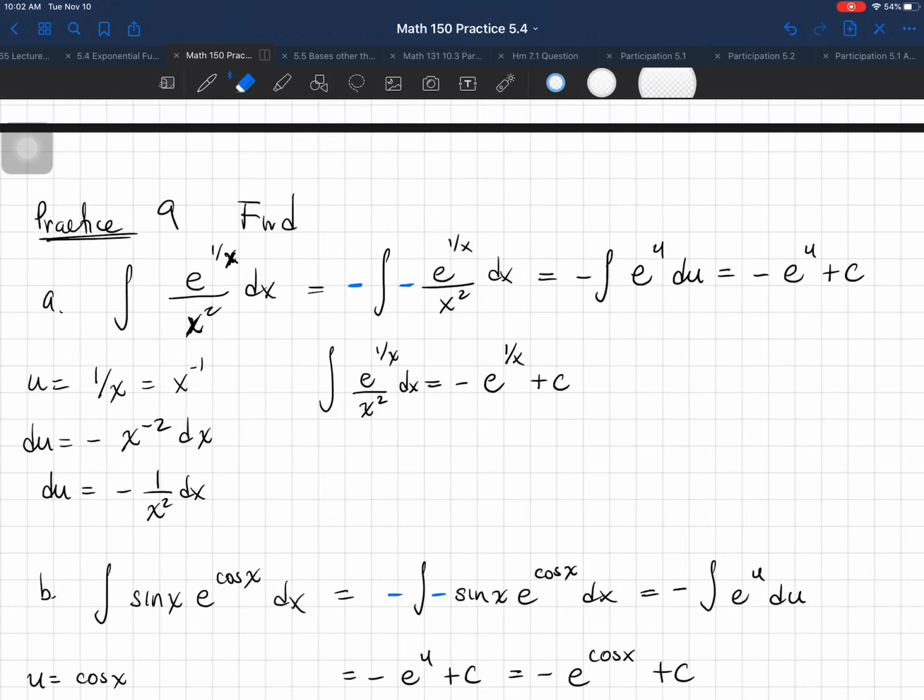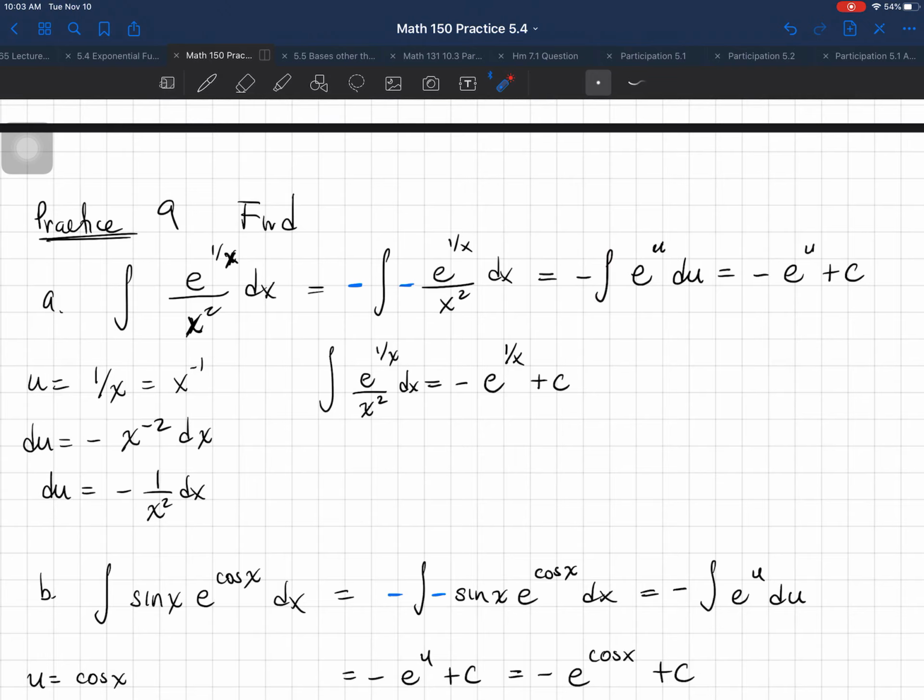Now I'm sorry, but my u's tend to look like v's, and my v's tend to look like u's, so I apologize for that. And so we have the integral of e to the u. Now the negative will carry, and the integral of e to the u is e to the u plus c, because it's an indefinite integral.